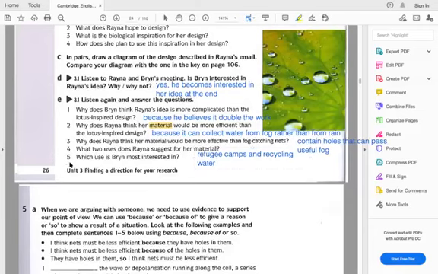Which use is Brian most interested in? He is interested in the recycling water in cooling towers more than using it in refugee camps because it's more profitable.